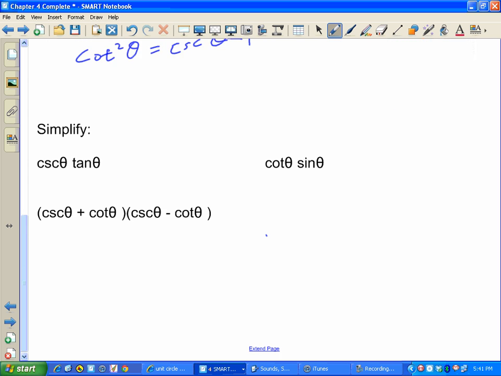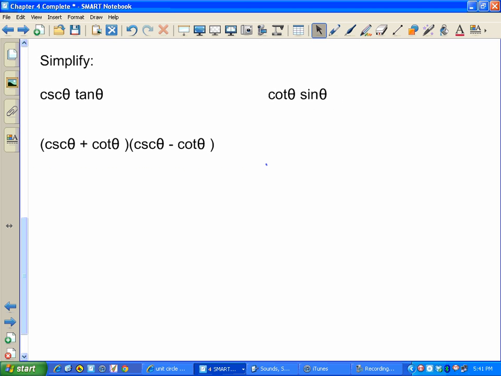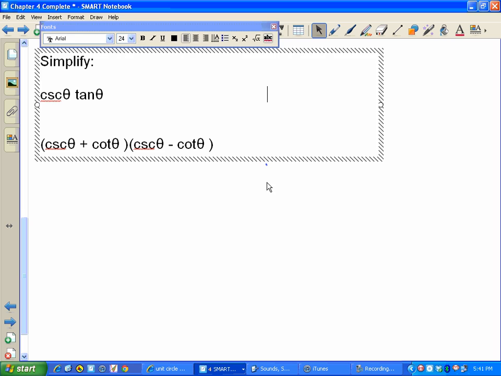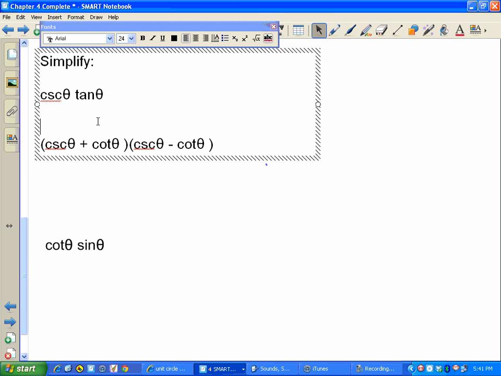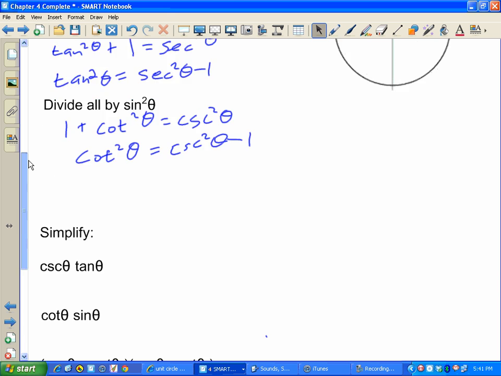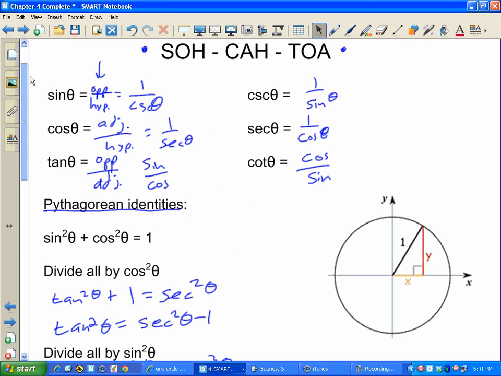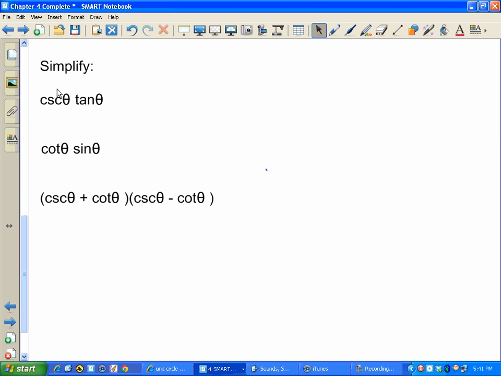So here are some examples of things we can do with our trig identities. If we just use our basic trig identities, so knowing that tangent is sine over cosine, cosecant is 1 over sine, secant is 1 over cosine, things like that, we can hopefully simplify these.